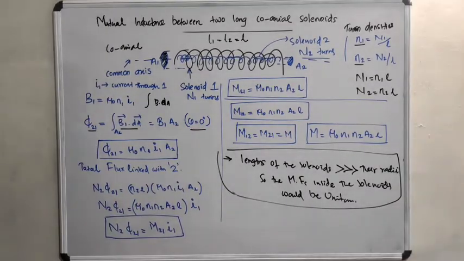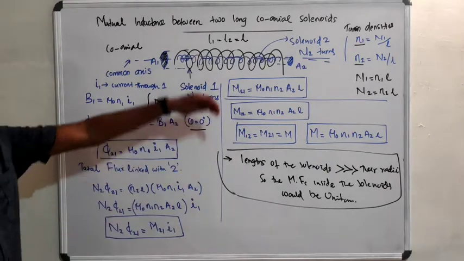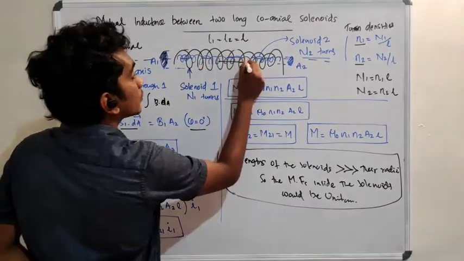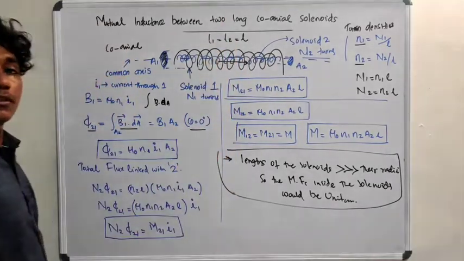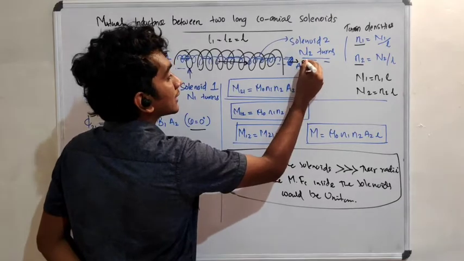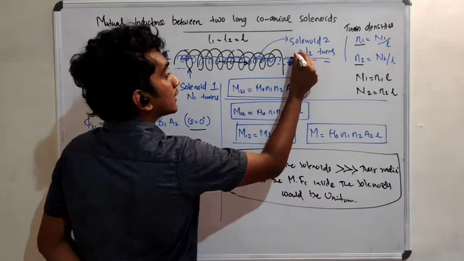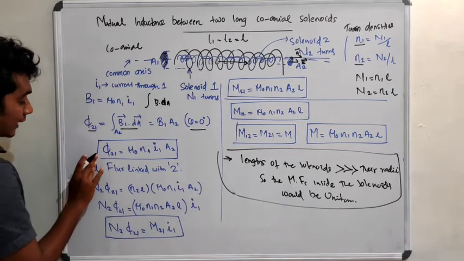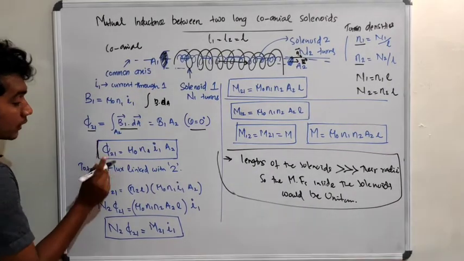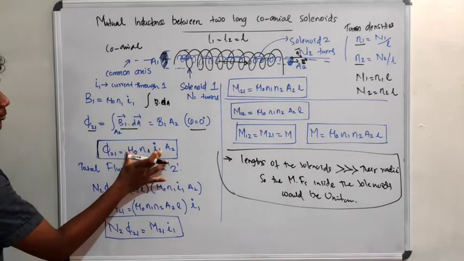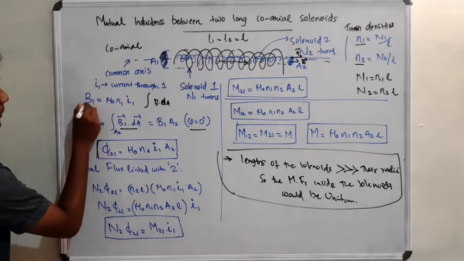Again, because I told you the magnetic field will be uniform, the area and the field are in the same direction. At this point B is in this direction, and the area is also in the same direction. So we can write phi 21 is equal to mu 0 n1 I1 A2, because mu 0 n1 I1 is B1.